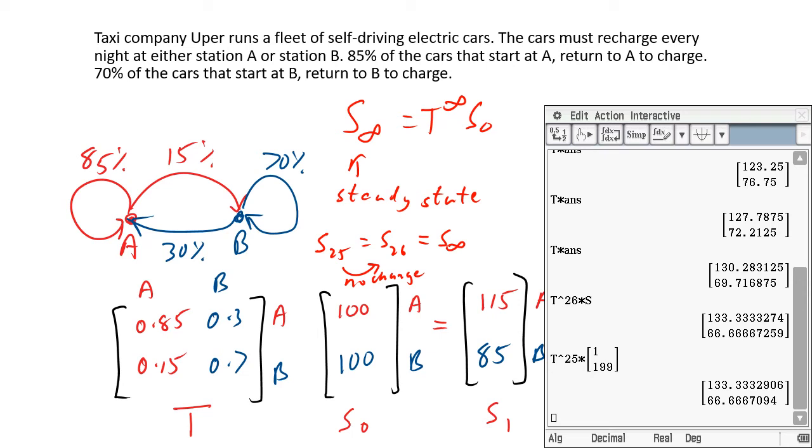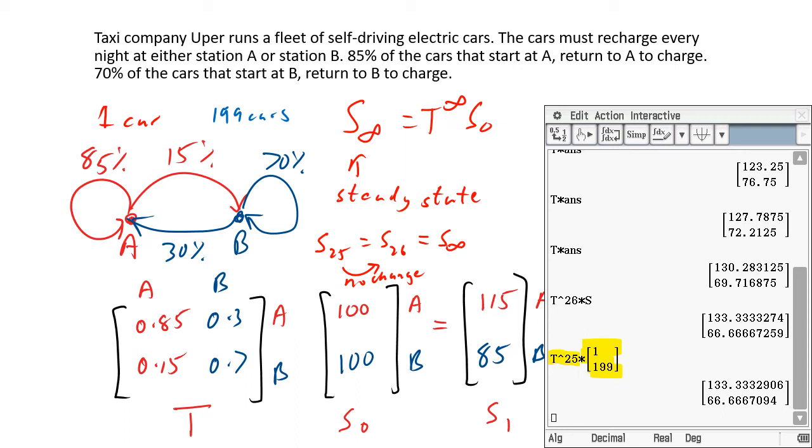Now, this is the interesting thing about steady state. It doesn't matter what numbers you start with. So here I've done T to the power 25, and I've done a different starting state. If I just started with one car here, and then the other 199 cars here, and I ran it for a certain period of time, I would still get the same numbers.